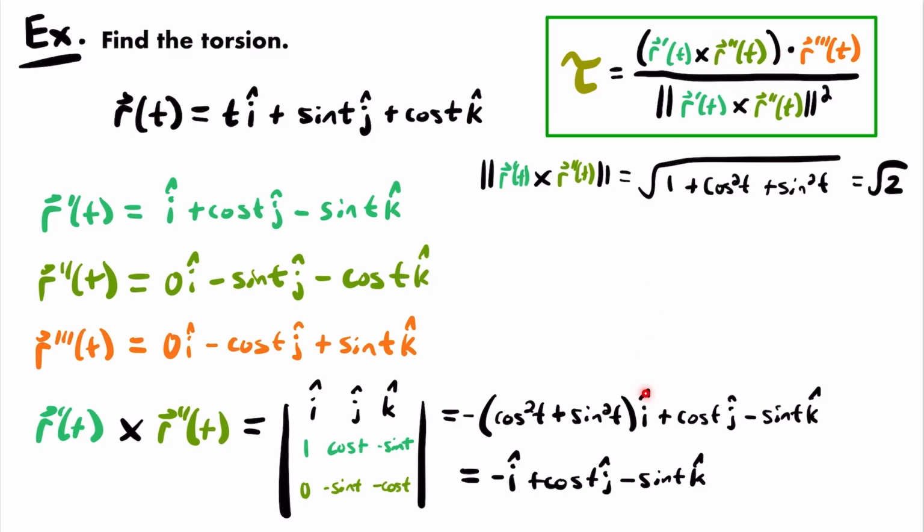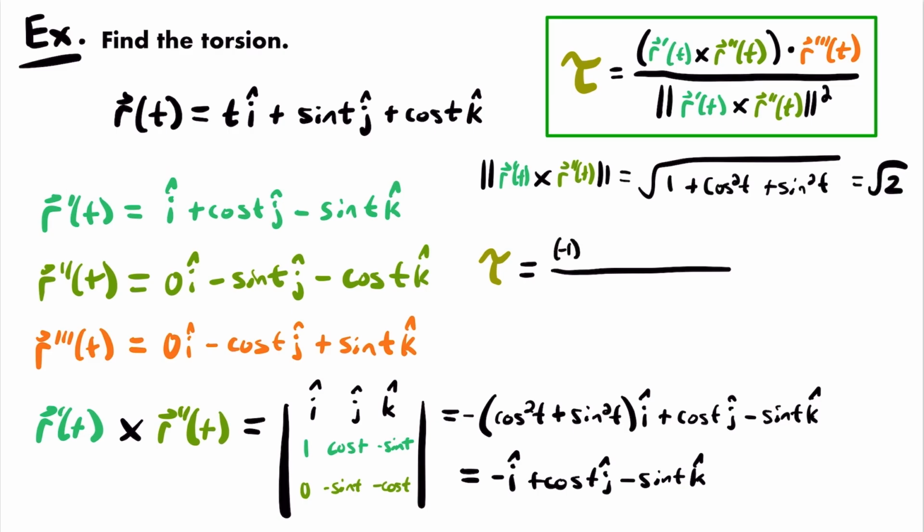Okay, so now the only thing left to do before we can calculate torsion is to take the dot product of our cross product vector with the third derivative r triple prime of t. So let's do that here. I'll just put it right into the setup for our torsion calculation. We're going to have that torsion is equal to the numerator where we're taking that dot product. So we're going to take the sum of the product of corresponding components. So we'll start with the x component of our cross product. We'll take negative 1 times the x component of the third derivative, which is 0.